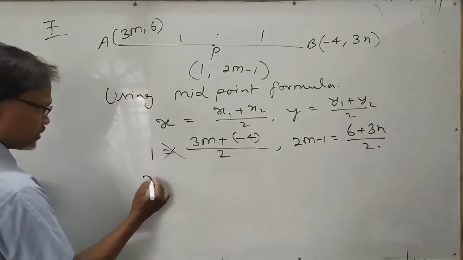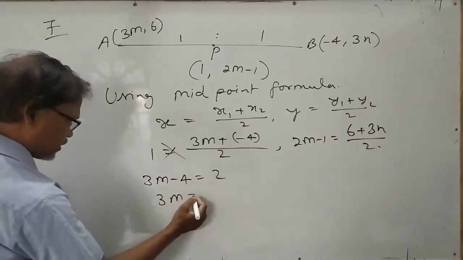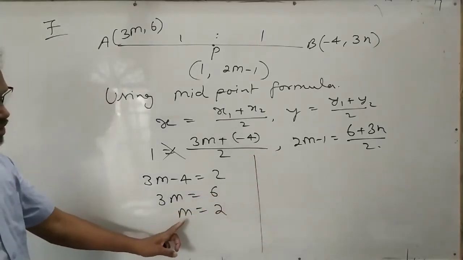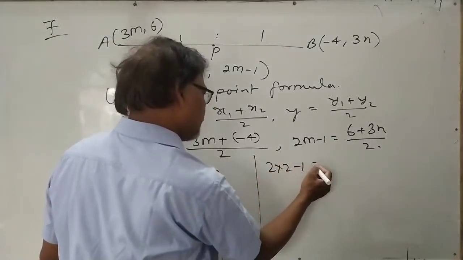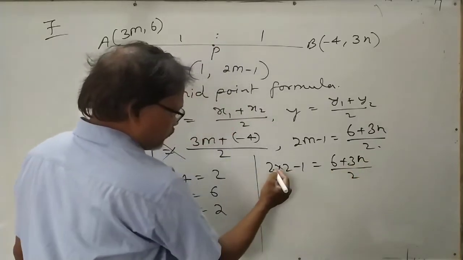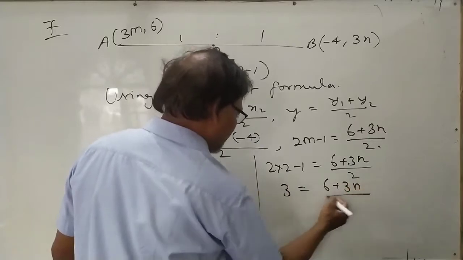Cross multiplication: 3m minus 4 is equal to 2, so 3m is equal to 6, and m is equal to 2. After getting the value of m, put it here: 2 into 2 minus 1 is equal to 6 plus 3n by 2. 4 minus 1, that is 3, is equal to 6 plus 3n by 2.